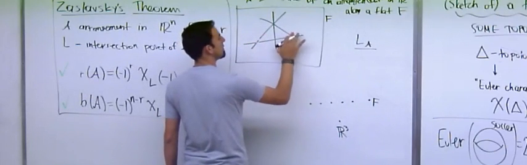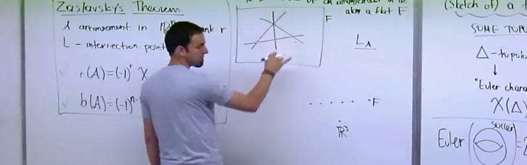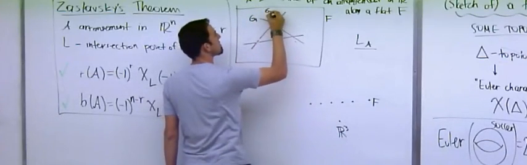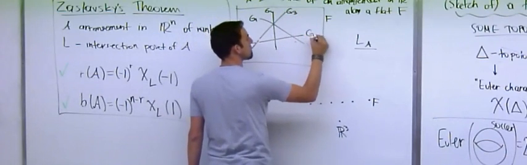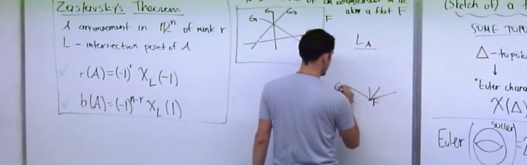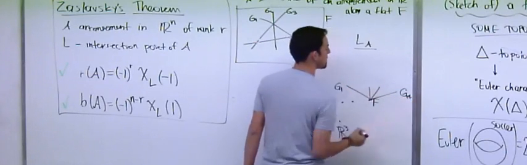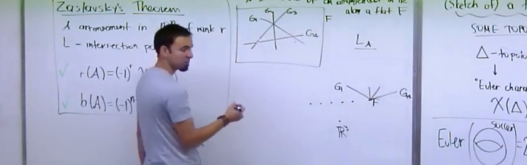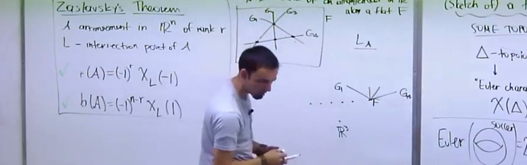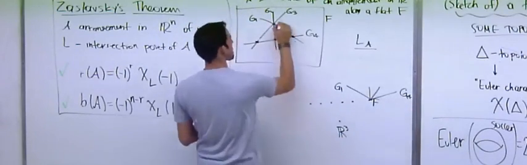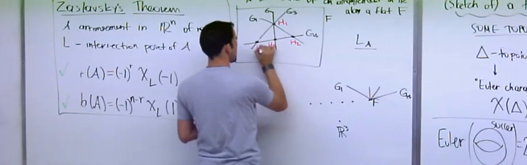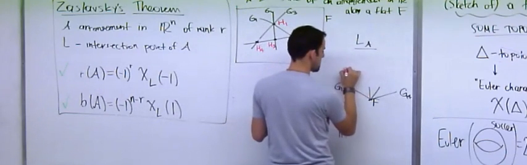So let me give these guys names, and let me match it to what I did here. So let me call this line G1, G2, G3, and G4. So these are flats that are contained in F, G1 up to G4. I have other flats, which are these points right here. Let me call these H1, H2, H3, H4. So these are maybe over here.